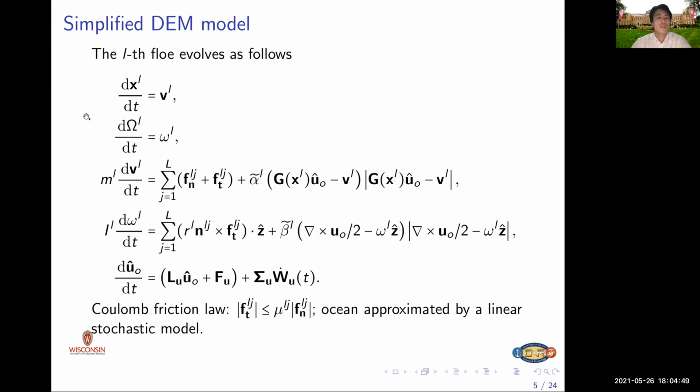I would say this is a super simplified model, and for more complex DEM models, I refer to the other talks in this workshop.